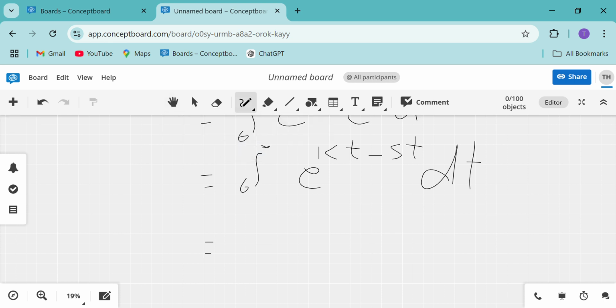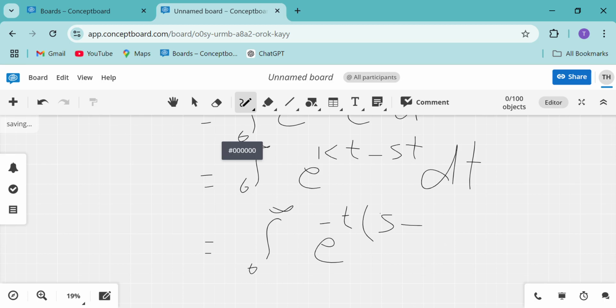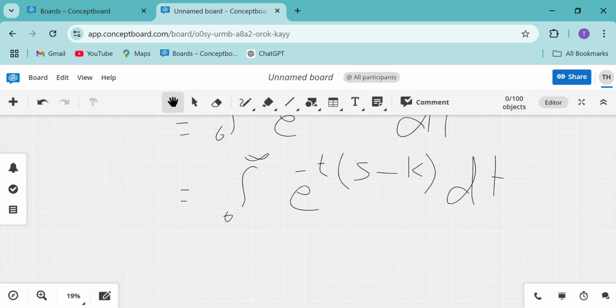We will take a common minus t, exponential minus t times, with s becoming positive and k becoming negative, dt. Now you can use the substitution method, but I will solve it directly.